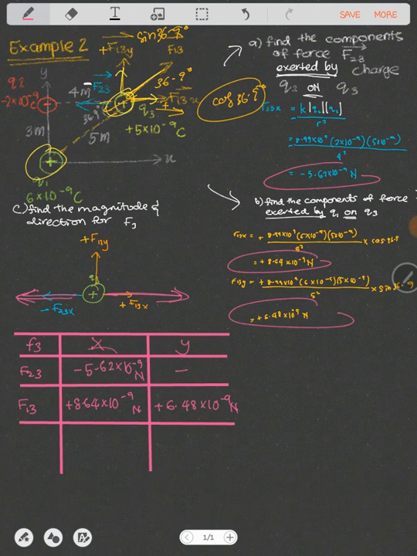Okay, negative 5.62 times 10 to the power of negative 9, just plus it to 8.64 times 10 to the power of negative 9, and then you will get for the Fx punya net, bersih-bersihnya Fx tu ialah positive 3.02 times 10 to the power negative 9 newtons.